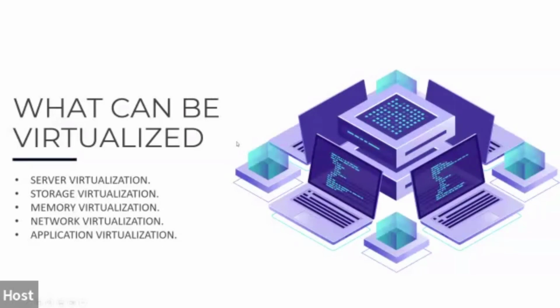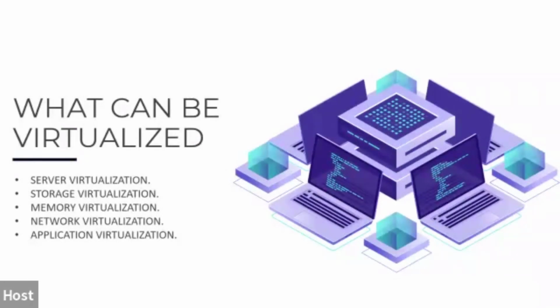Okay, so what all can be virtualized? We have server virtualization, which is what we talked about. And we have storage virtualization. Remember, I spoke about hard disk and everything yesterday. That can be virtualized. We spoke about memory virtualization. Remember, we have memories in 8 GB, 16 GB RAM. That can be virtualized. You have network, which is the network adapter, the NIC card.